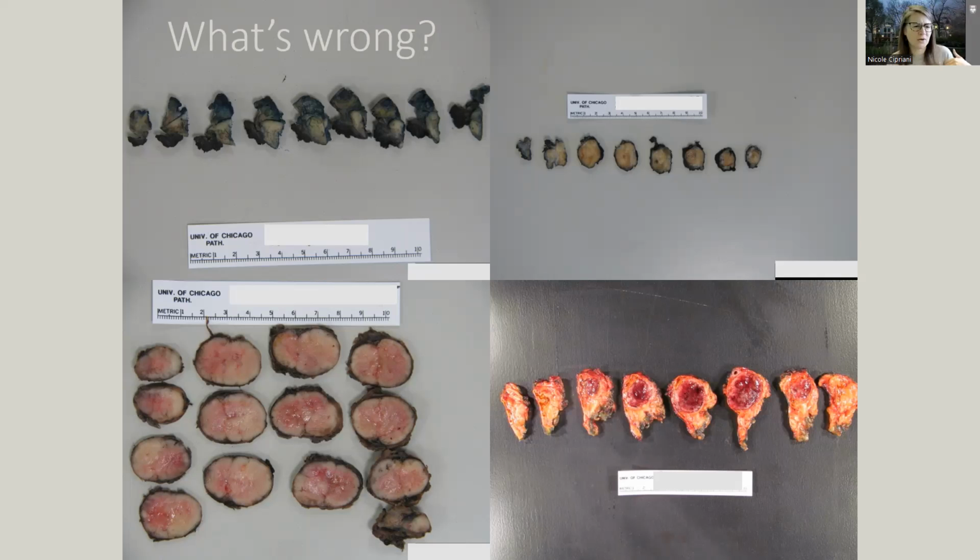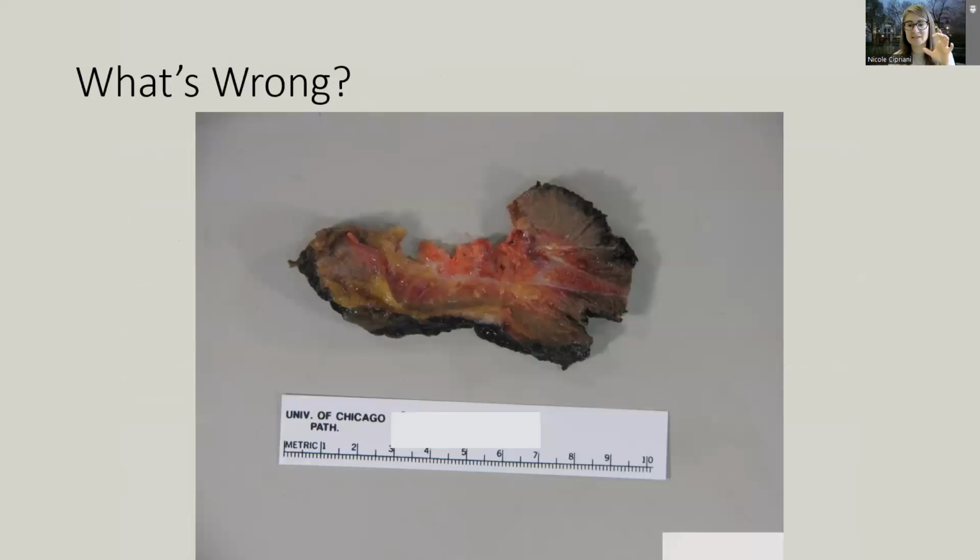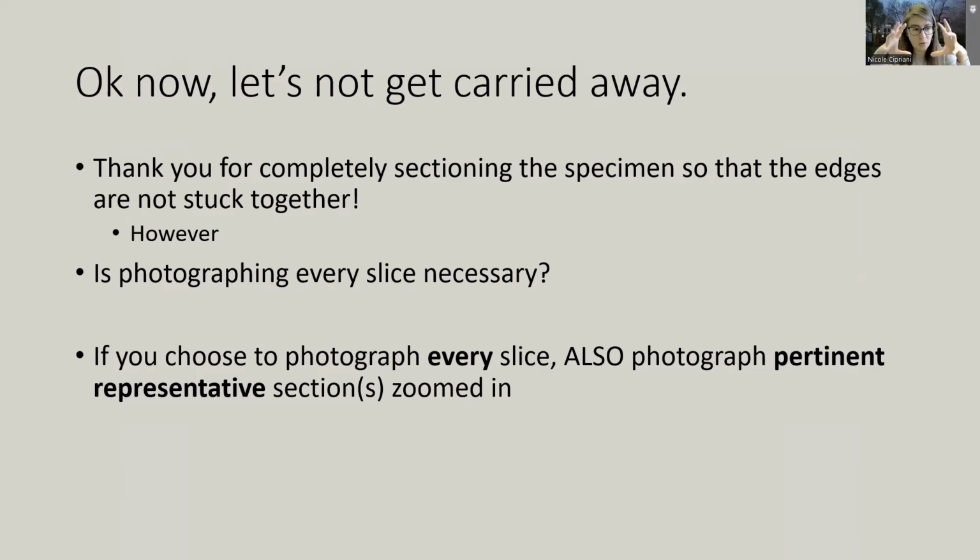However, I would also argue that you're doing the same thing where you're really far zoomed out. So if you do this, that's fine, but don't just stop here. Go one extra step and photograph a pertinent, nice representative section, zoomed in on that one nice cross section, because you have the same issue of zooming out and zooming in. So that lay of the land is fine if you choose to do it, but then isolate one and take a nice close up of it.